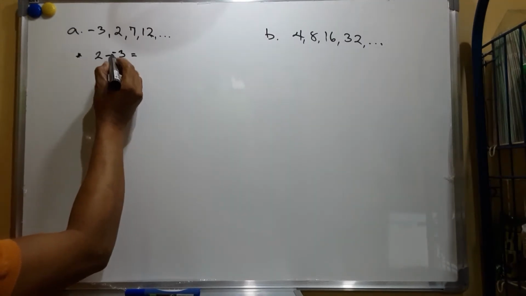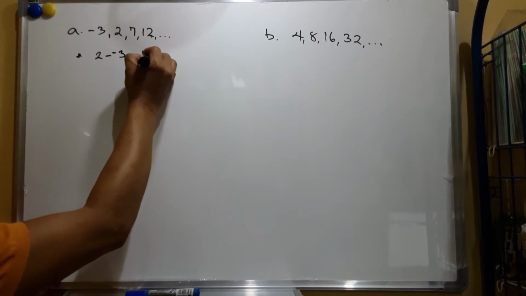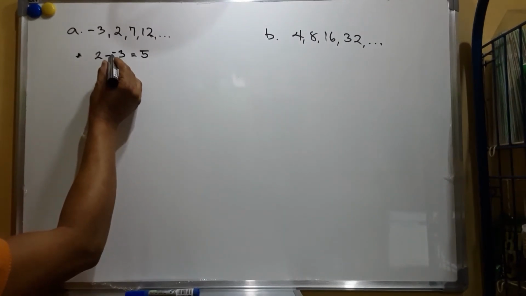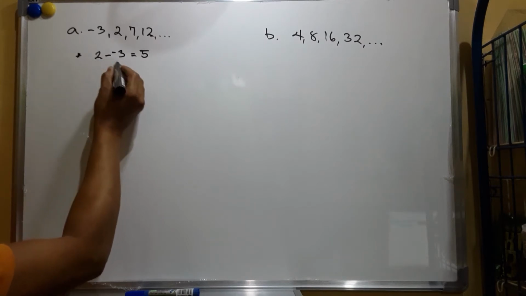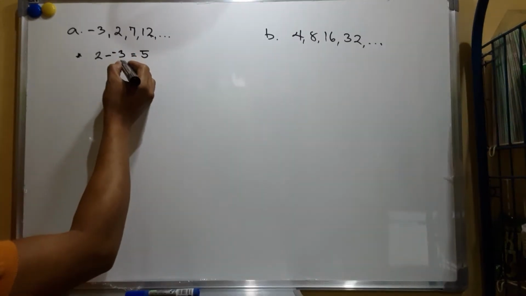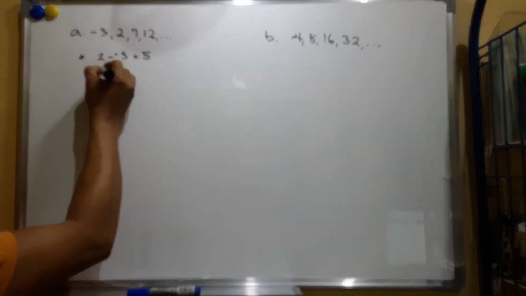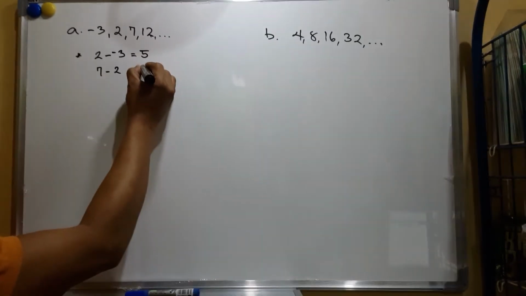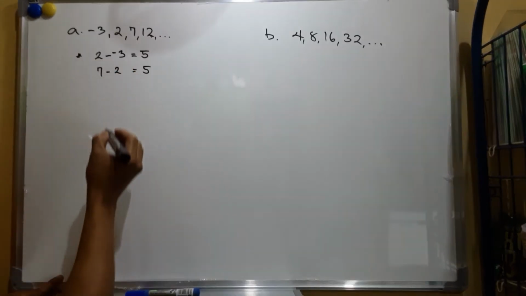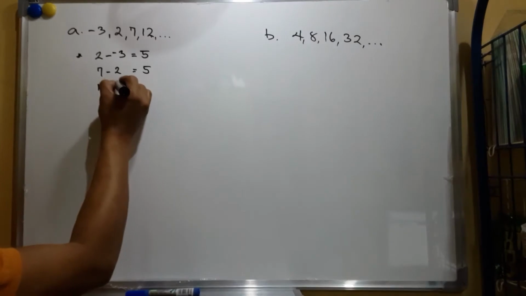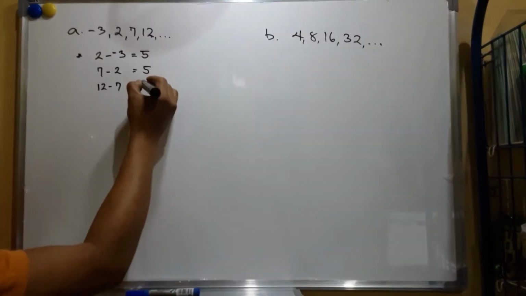Negative, negative becomes positive, so it becomes 2 plus 3, and that would be 5. Am I clear with that? Second, if you use 7 minus 2, that would be equal to 5. And if you opted for 12 and 7, 12 minus 7 is equal to 5.